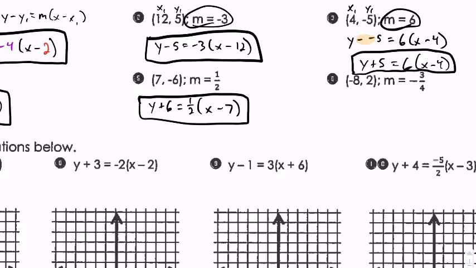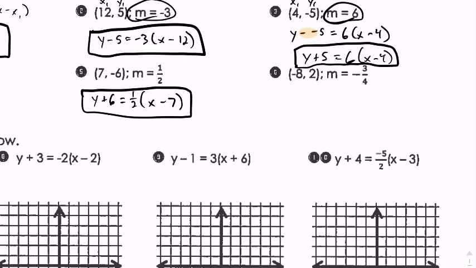Okay? And then 6, again, your y1 is 2, so that's going to be y minus 2 equals your slope, which is negative 3/4, times x. Since x1 is negative 8, it's going to be a plus 8. And that is your equation.